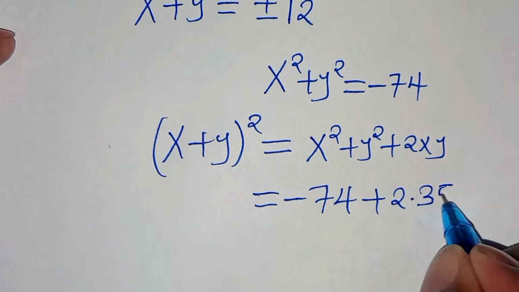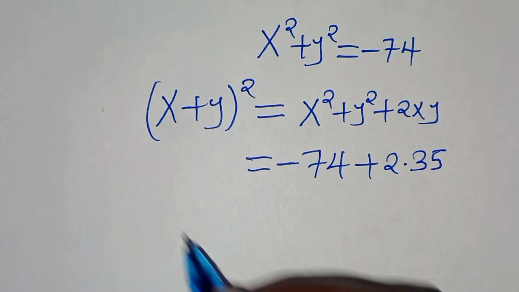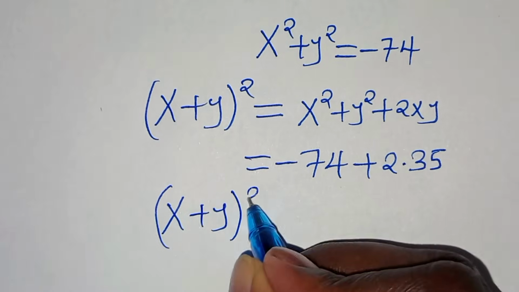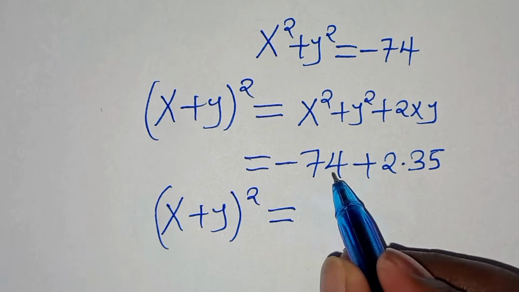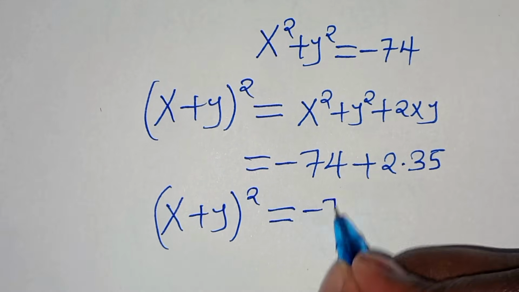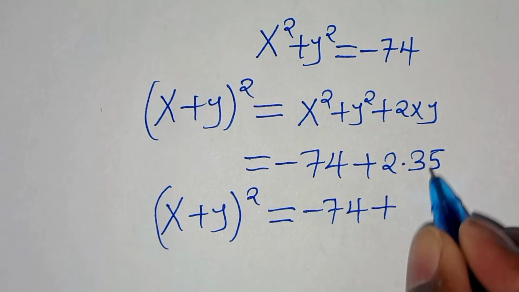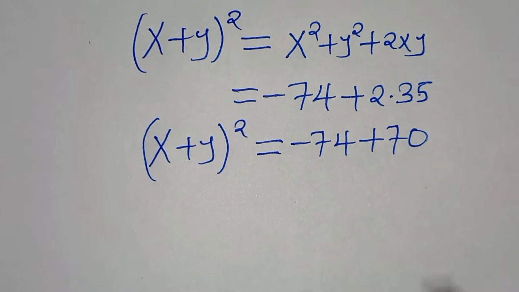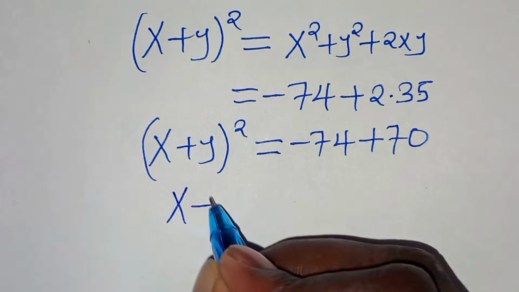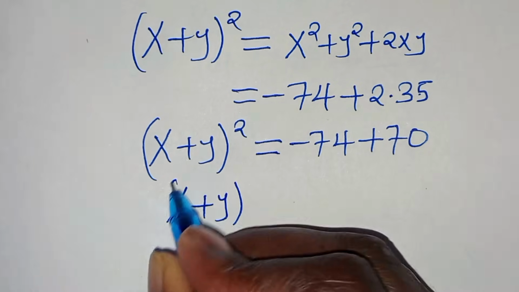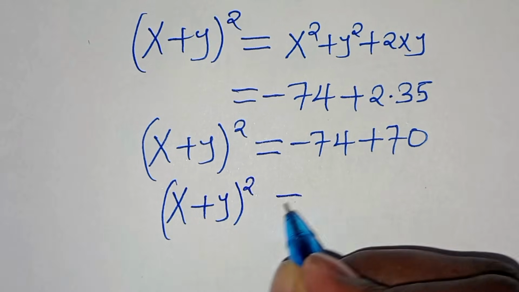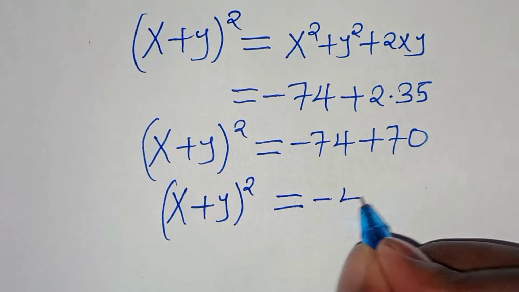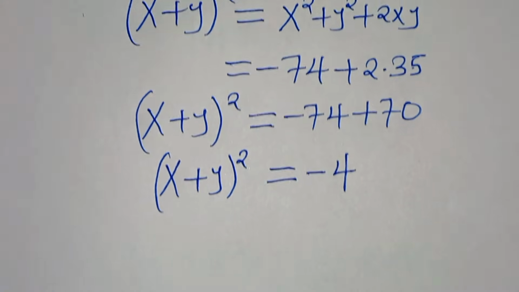Xy is 35. So here we'll have x plus y raised to the power of 2 equal to minus 74 plus 35 times 2, which is 70. And this means that x plus y raised to the power of 2 is equal to minus 74 plus 70, and this is equal to minus 4.